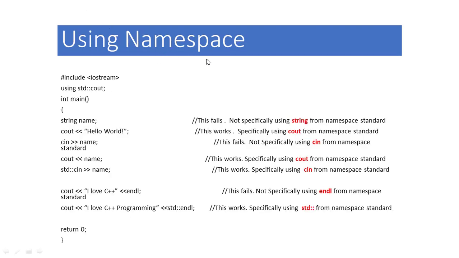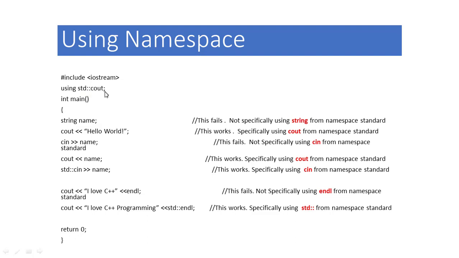Now, using namespace, it's the same file we just saw in the previous slide. Here, if we say include iostream using std::cout, we are specifically referencing the cout object in the std namespace.